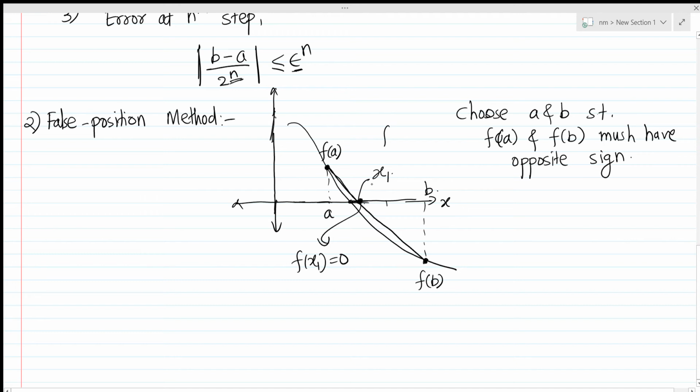And so how can we write the slope? So the slope of this line, first consider f of a minus f of x1, but f of x1 is 0, and this is a minus x1.